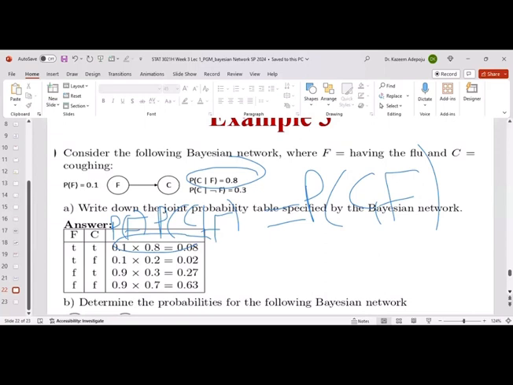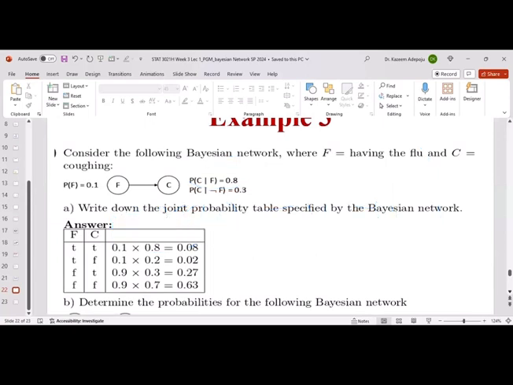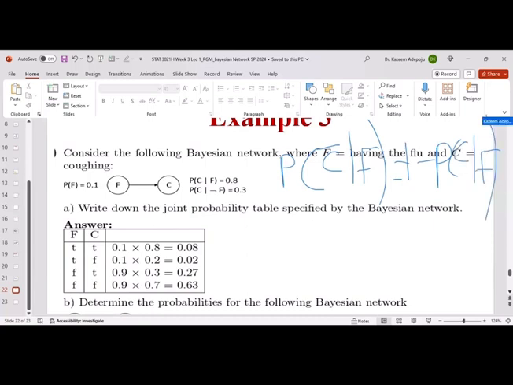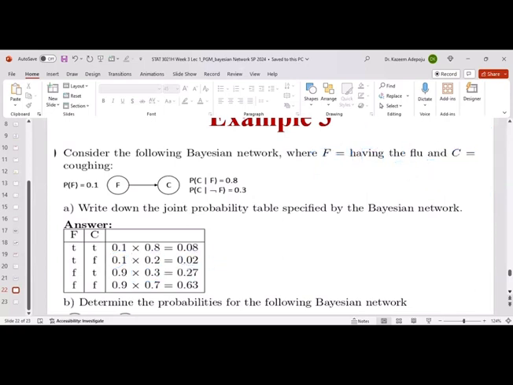I want to find the probability of C complement given F. That is 1 minus the probability of C given F, which is 1 minus 0.8. Please write down the formula: the probability of C complement given F equals 1 minus P(C given F). That was how I got the 0.2. So multiplying 0.1 by 0.2 gives you 0.02. That's another possibility.